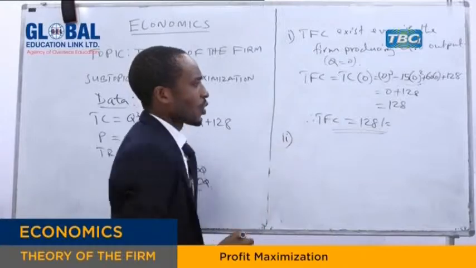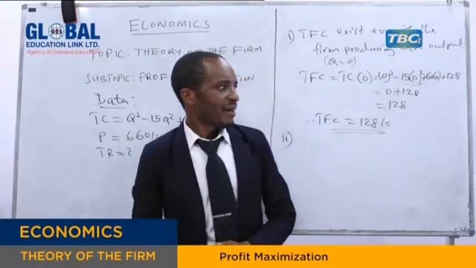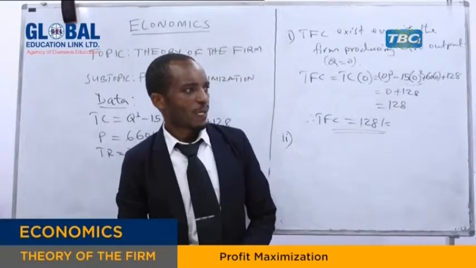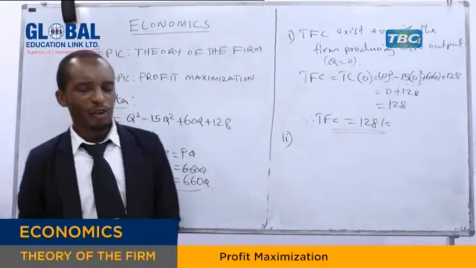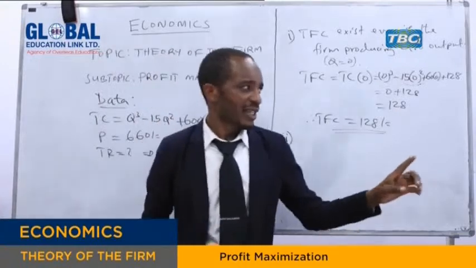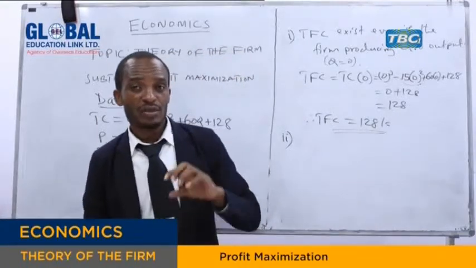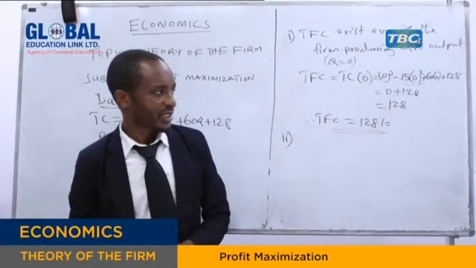For case 2, we are asked to calculate the profit-maximizing level of output. We said that a firm will maximize its profit. Since we are asked to calculate the maximizing level of output, we want to find the output which will lead to maximum profit.